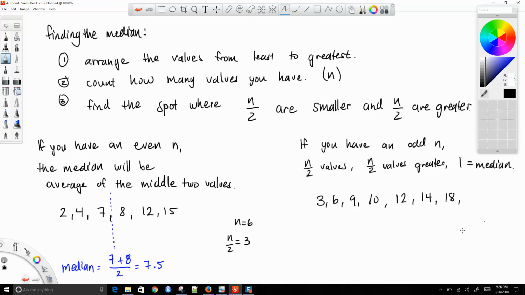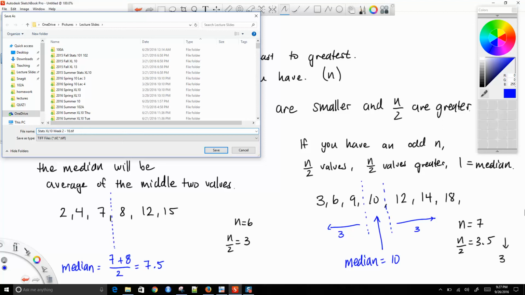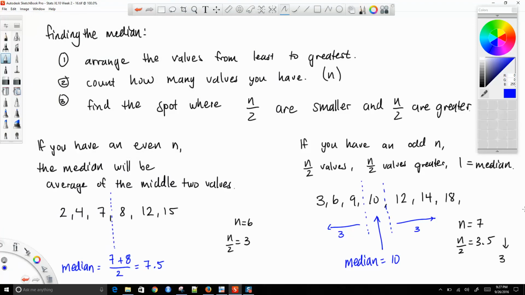So here I've got n equal to 7, n over 2 is going to be 3.5. We're going to just round down to 3, okay? And then we're going to split this and we go 3 smaller, 3 greater, and 10 is equal to the median. Is that okay?